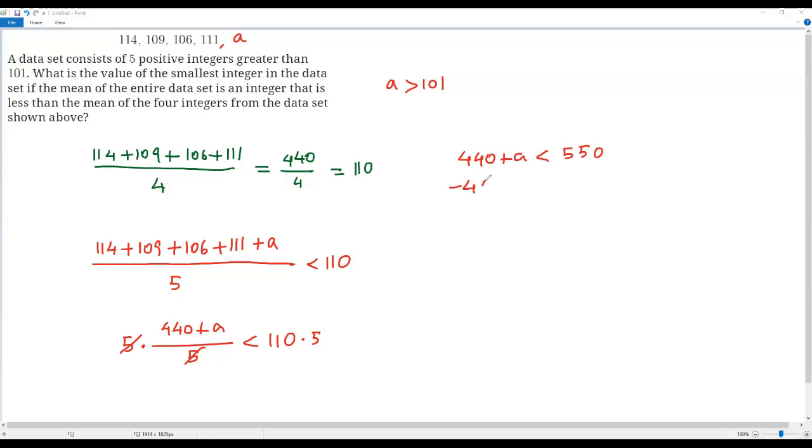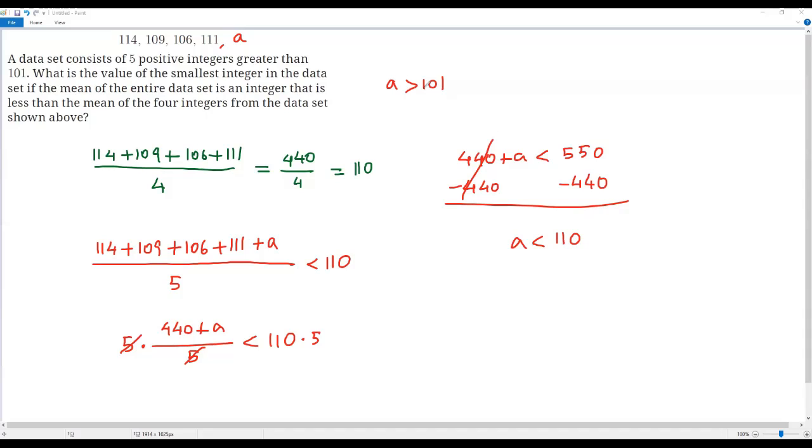Now I subtract 440 from both sides, so the 440 cancels out. I get A less than 110. So the value of A has to be less than 110.